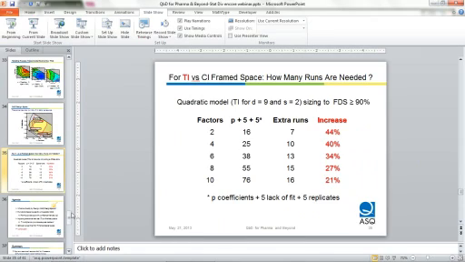The use of simulations is very helpful to reduce the number of hands-on builds or experiments, providing that you can verify the simulations through some type of confirmation run.